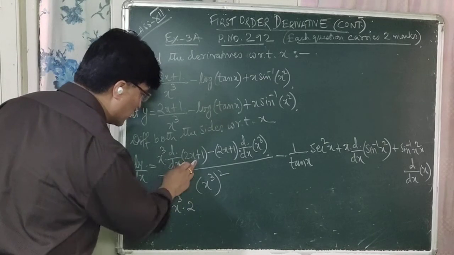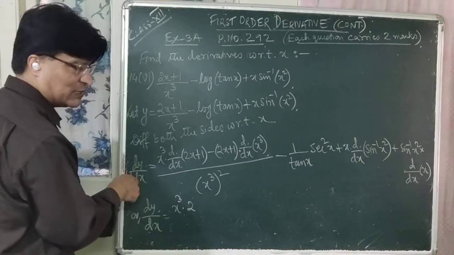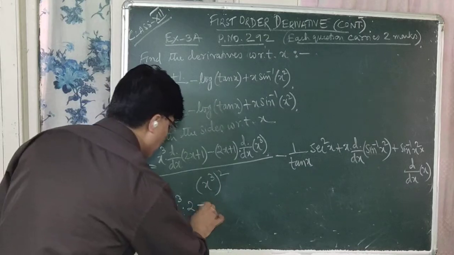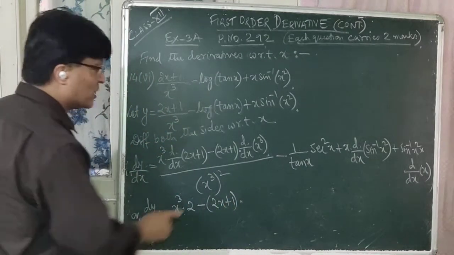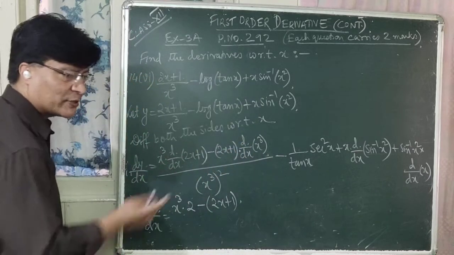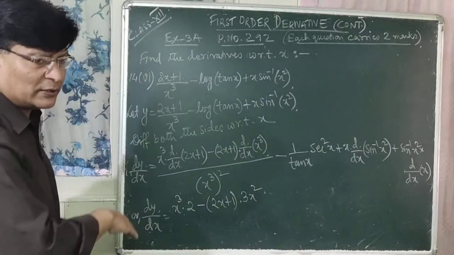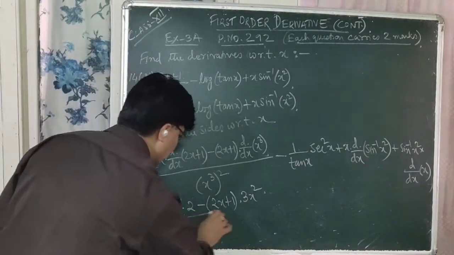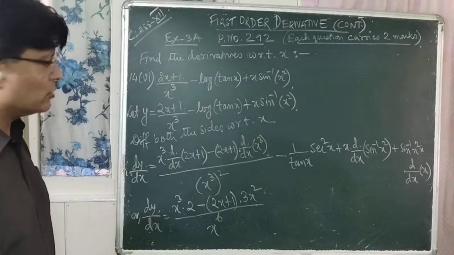It is only 2. Plus, what is the differentiation of 1 with respect to x? That is 0. So only 2 remains here. So what is d by dx of 2x plus 1? It is only 2, minus (2x plus 1) into, what is the differentiation of x cube with respect to x? It is 3x square. 3 comes in the front and decrease the power of x by 1, that is x square. So whole divided by x to the power 6.